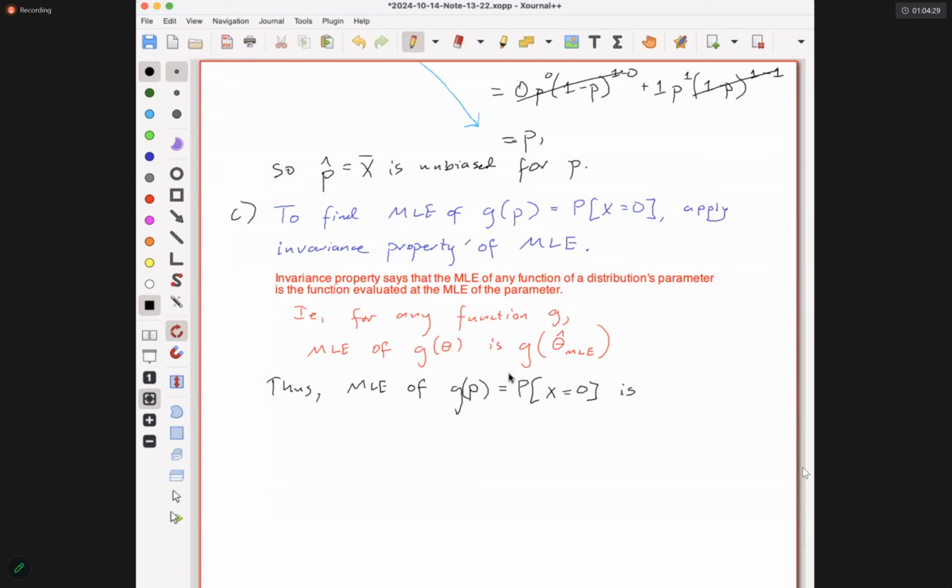Using what I wrote in red, either the sentence or in the symbols, how can we find the MLE of this function of p?